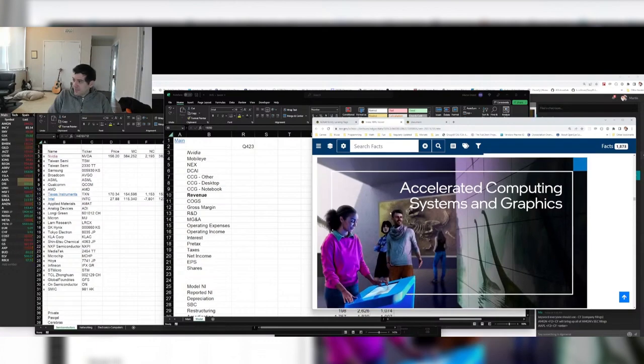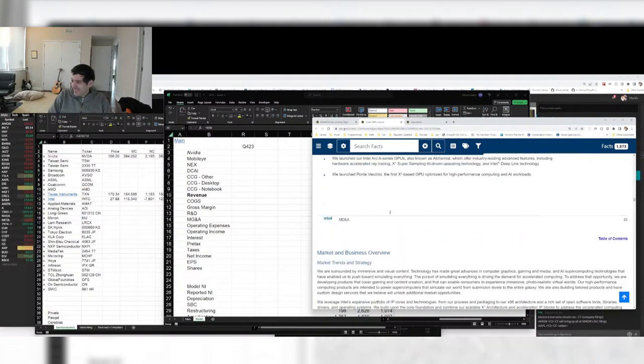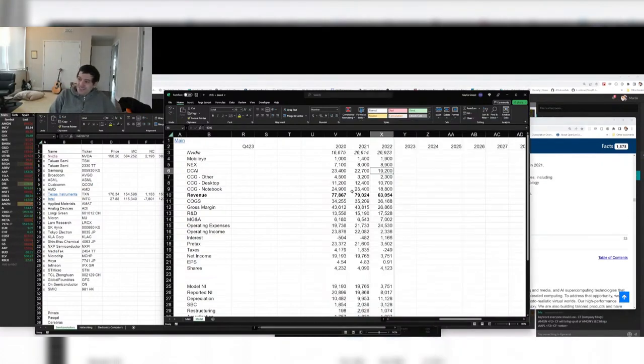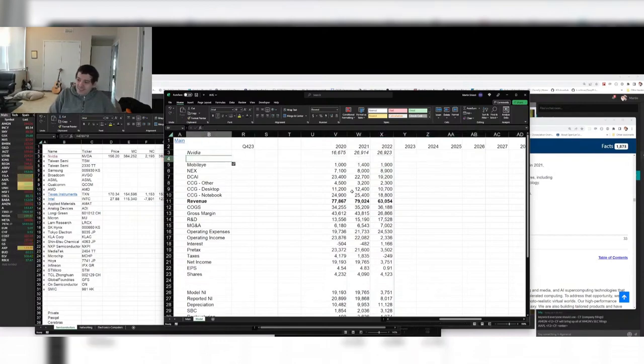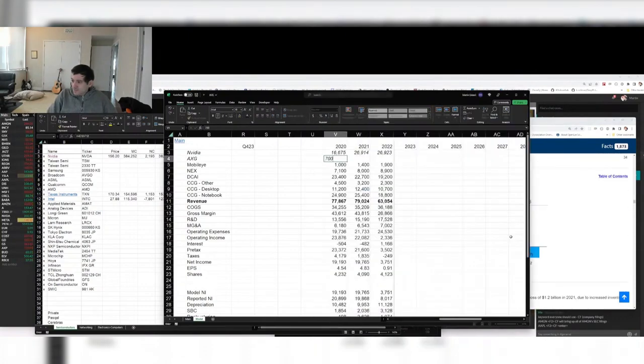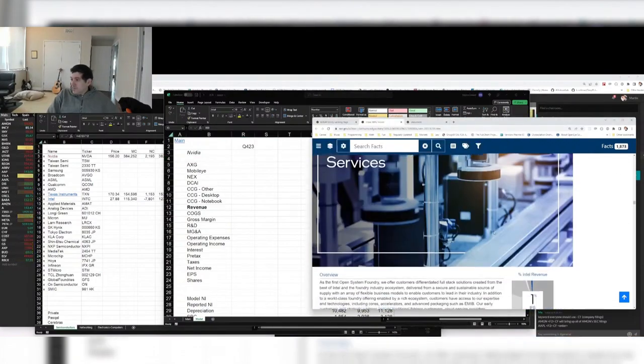Oh, accelerated compute systems and graphics. Whew. This is a new business unit? Cute. Intel Foundry?